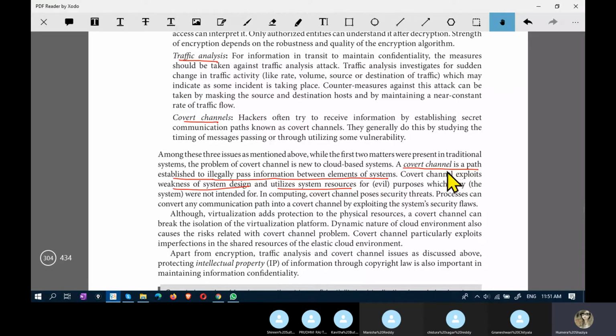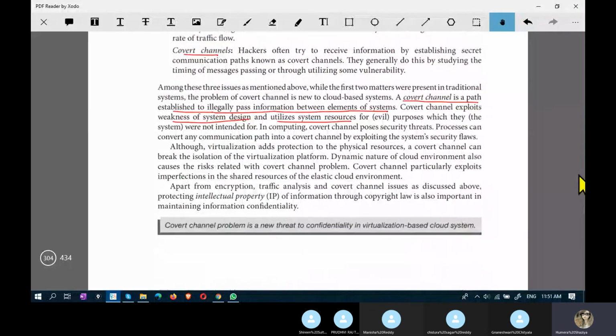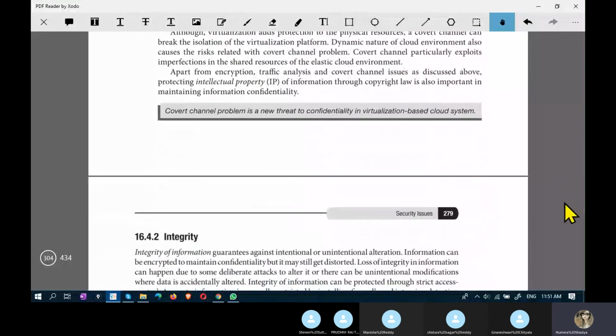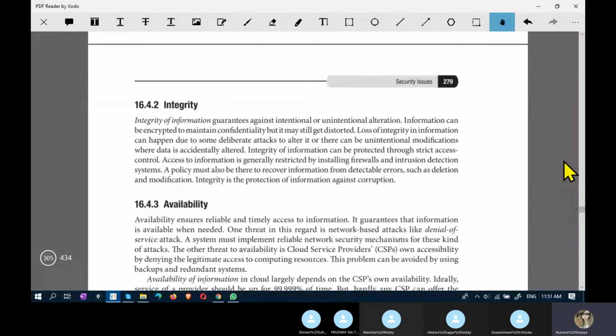Anyone who pays is given the access, and there is no mechanism wherein you identify a person to be an evil person and don't give access to the cloud. In a public cloud anyone can pay and use, right? So a covert channel is a new threat to confidentiality in virtualization based cloud systems.